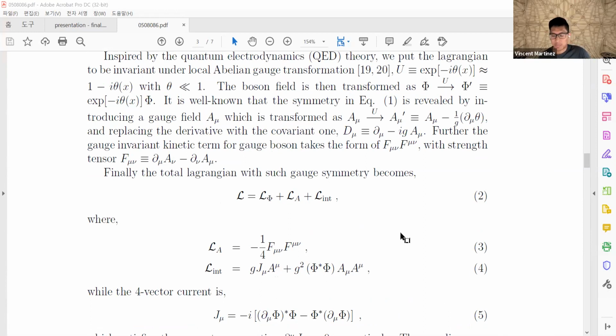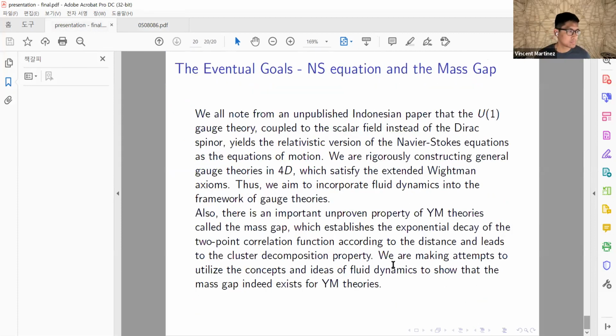Actually, I had a question about something you mentioned at the end of your talk, Min-Chu, in the very last slide. So you had mentioned that one, you can realize Navier-Stokes in this QFT formulation or framework.